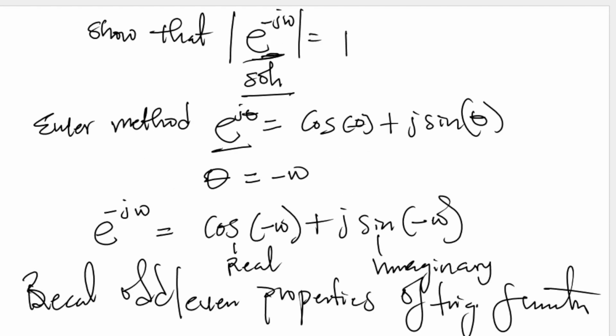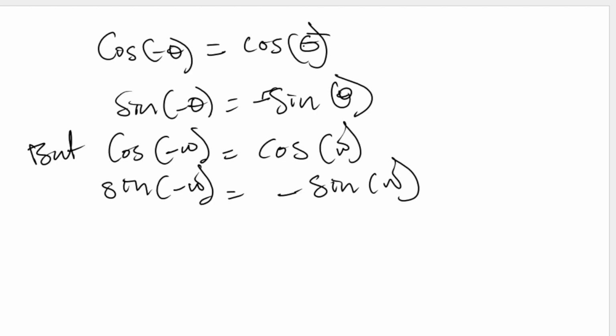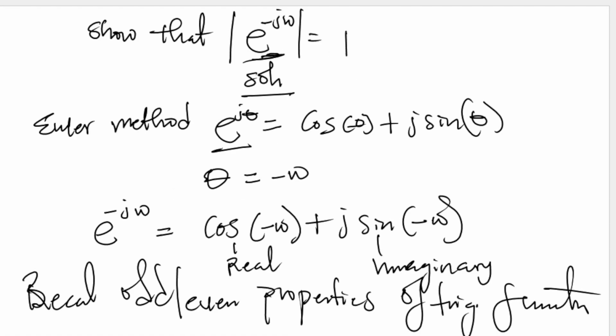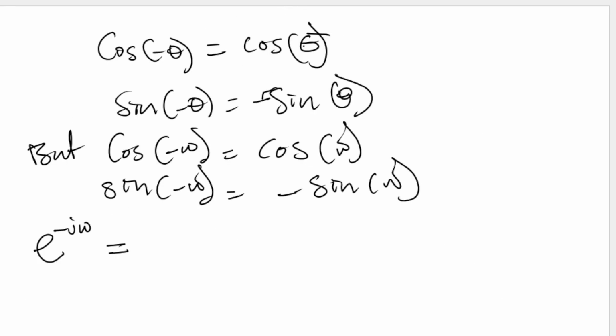So you now have your new Euler's equation: exponential minus JW will now be equal to, in place of cos minus W, which is what we have here, we are imputing cos W. So we have this to be cos W plus, right? That was the equation.